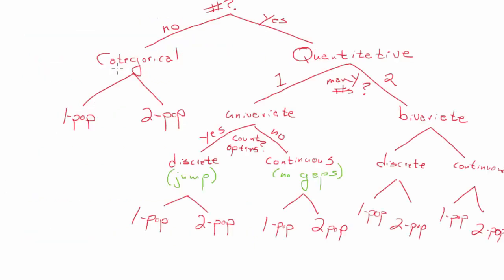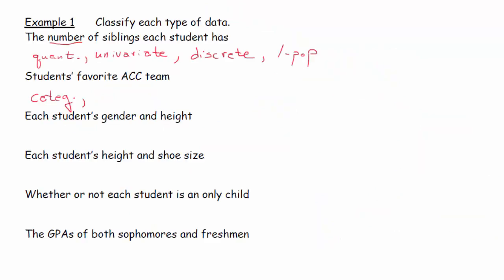If I know I'm categorical, there's no sense in asking questions like univariate versus bivariate, or discrete versus continuous, because we don't have a number. So now we only need to ask ourselves, do we have one population or two populations? We're clumping all students together here, so this is going to be one population.